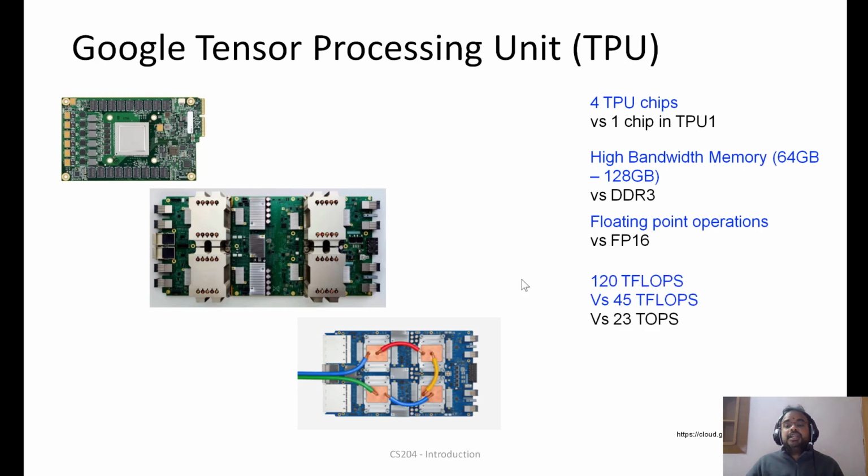Then the computational capability of each of them is huge and increasing, we can say scaling from TPU 1 to 2 to 3. And TPU 1 was primarily built for inference, but TPU 2 and 3 were built for both training and inference for many of the machine learning algorithms.